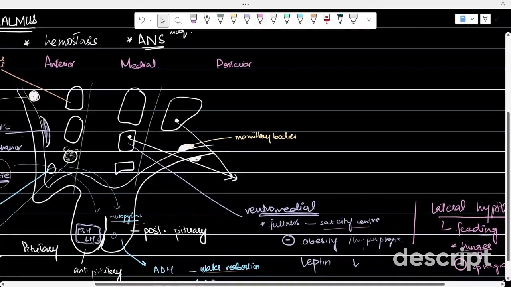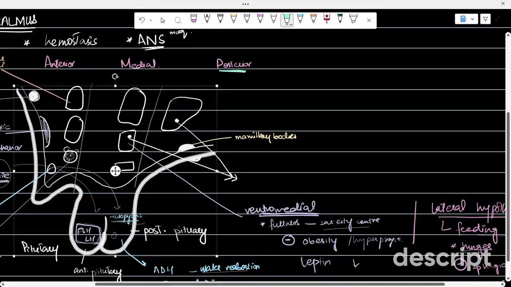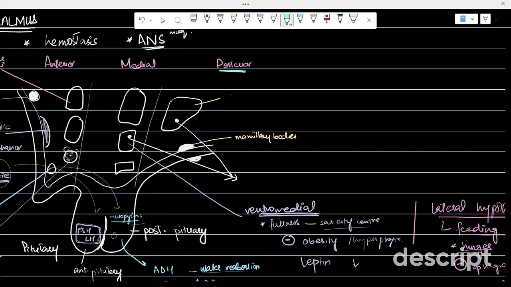So we will discuss the posterior part of the hypothalamus, which has the posterior hypothalamic nuclei. Now this is mainly responsible for temperature and it is sensitive to cold. So when it's sensitive to cold, it will generate warmth. That means it will increase the temperature in our body.